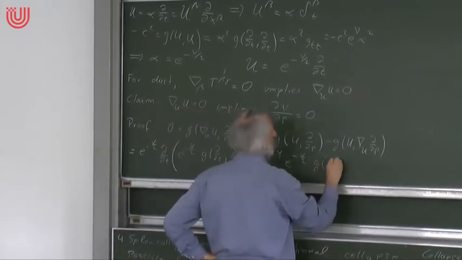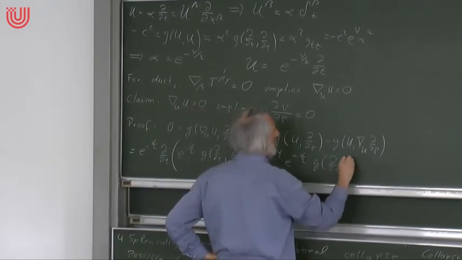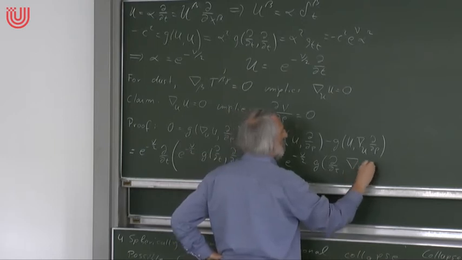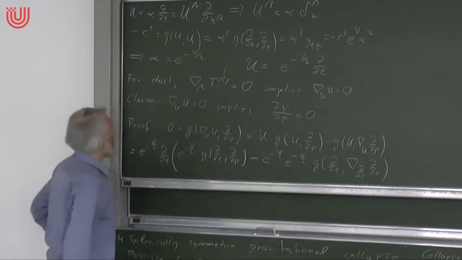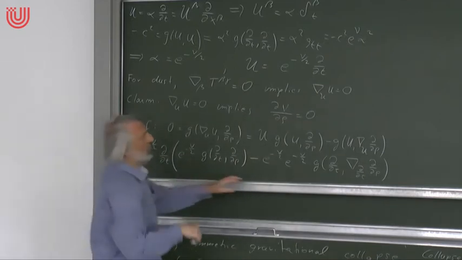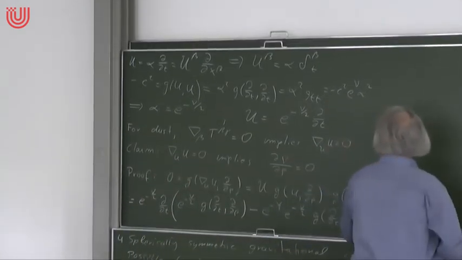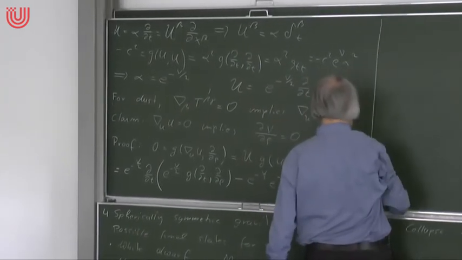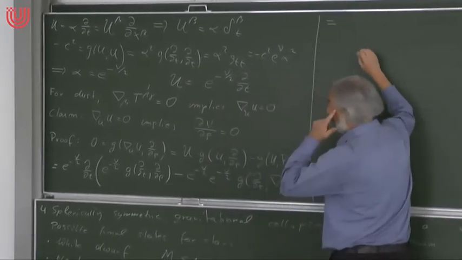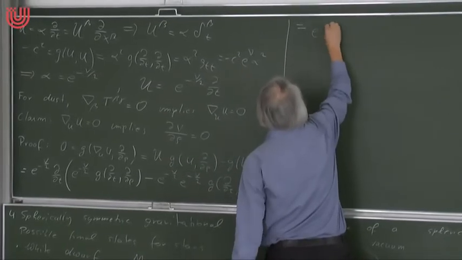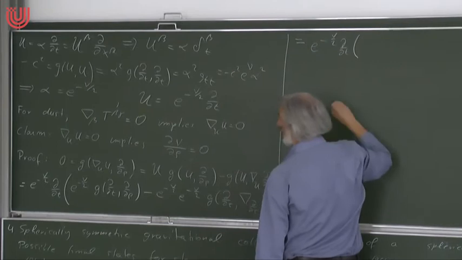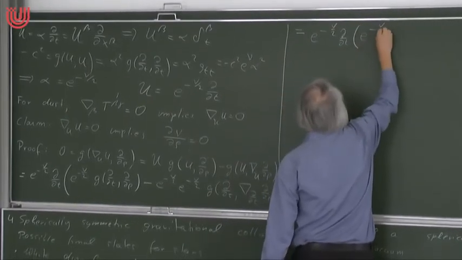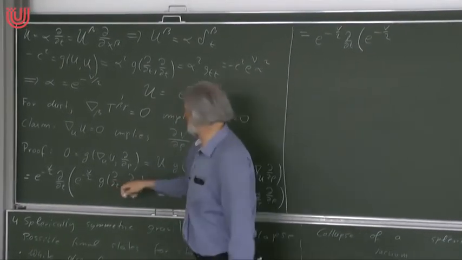And then I have g of d by dt, del d by dt, d by d rho. Let me write it again. So I continue here. This is e to the minus mu half, del d by dt e to the minus mu half, and this is just g t rho.